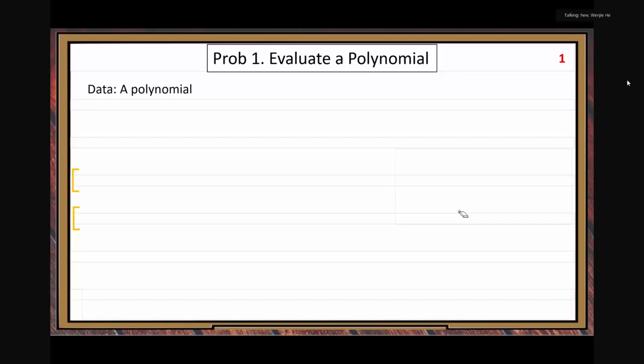Given a polynomial. Polynomial is our data. So the standard formula of this polynomial, we write in the standard formula, and the degree of this polynomial is n. The highest degree term, x to the nth.